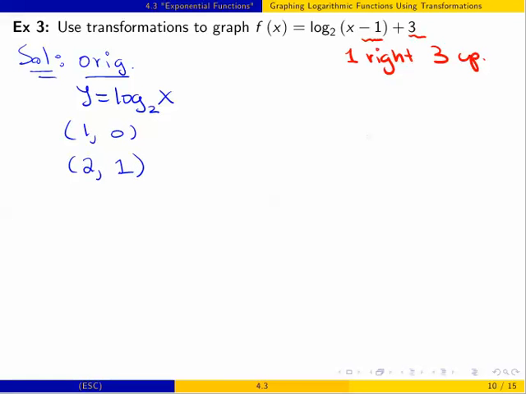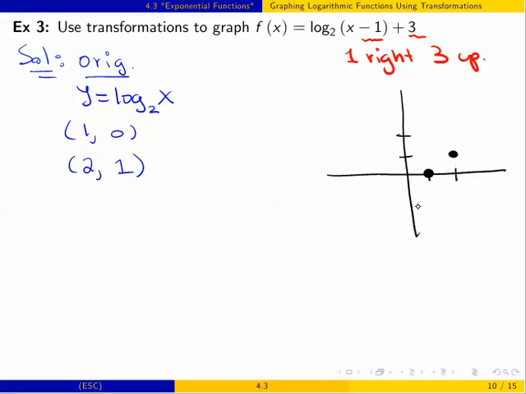So in this case, when we start drawing this guy, the original passes through... So let me draw the original. 1, 0 and 2, 1.